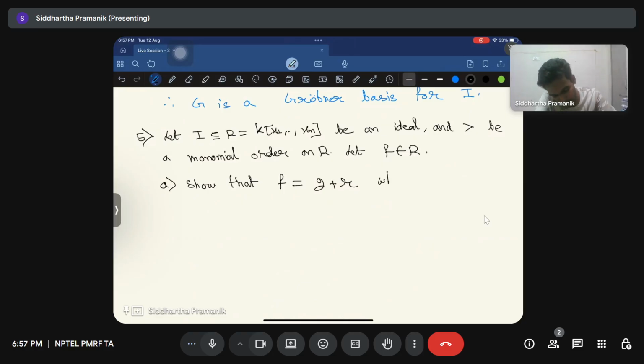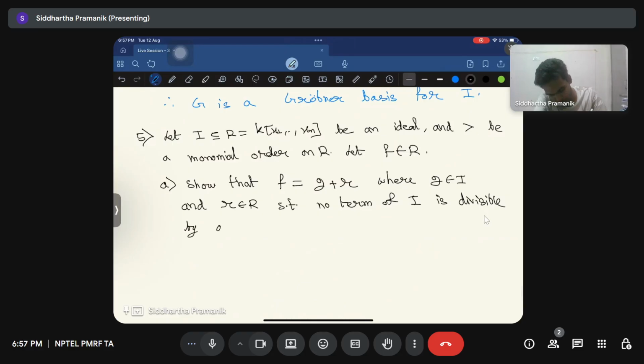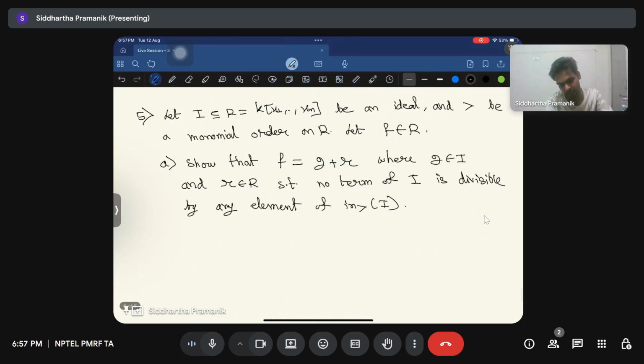So where this G belongs to this ideal I and R belongs to the ring R, such that no term of R is divisible by any element of the initial ideal of I. So this is the first thing.